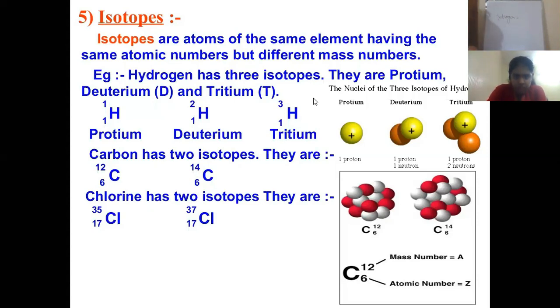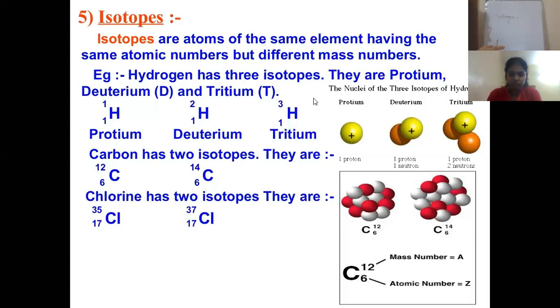But later on, as the research progressed, we came across atoms of hydrogen and found that they do differ in their mass number, although their atomic number is the same.